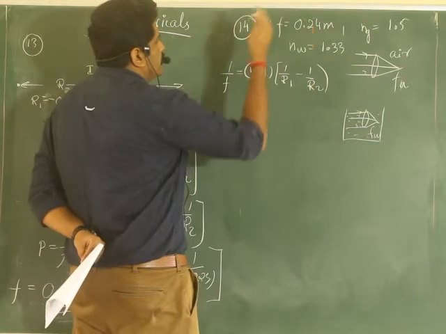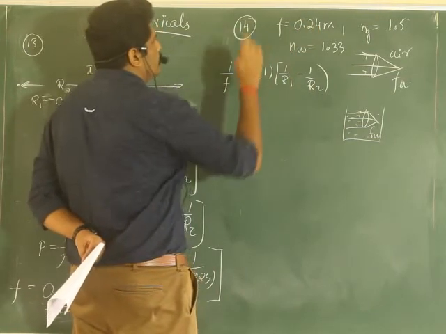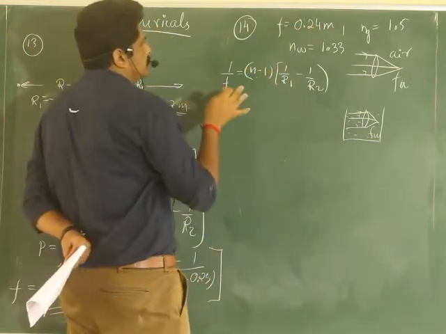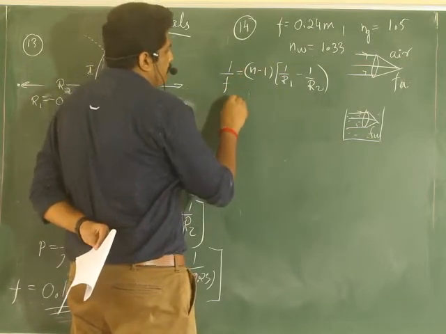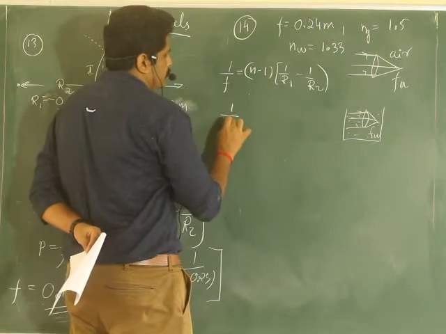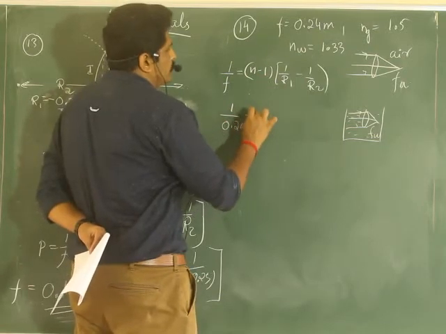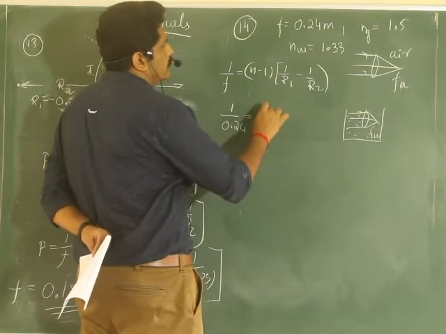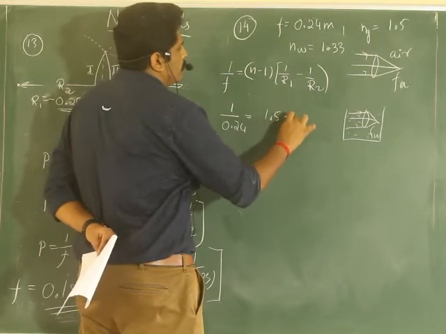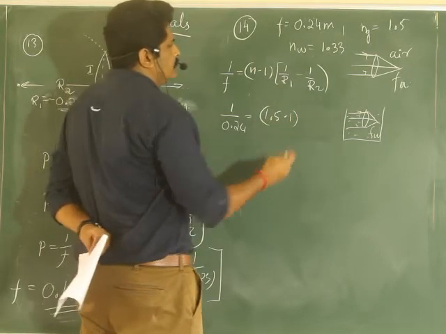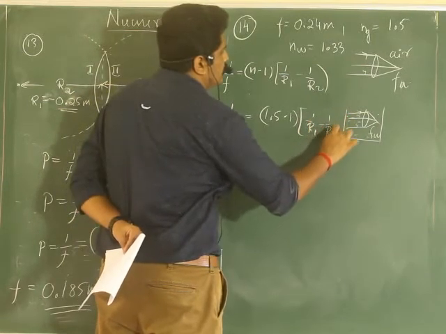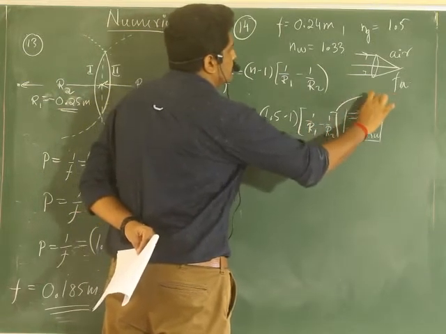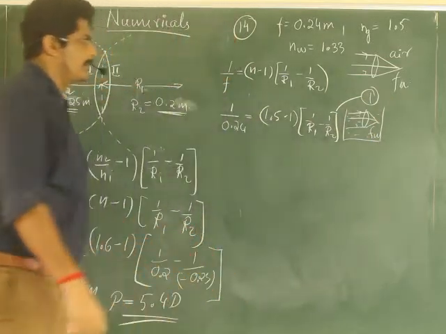They have given the value of focal length when it is placed in air. So I'll apply that here: 0.24 equal to Ng value, 1.5 minus 1. Radius of curvature they have not mentioned, so I'll just write 1 by R1 minus 1 by R2. I'll take this as equation number 1.